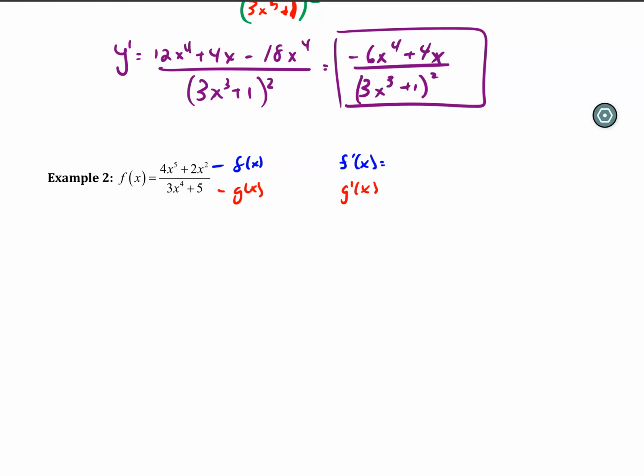So in the top here, using the power rule, I'm going to have 20x to the fourth plus 4x. And for the bottom, this derivative is going to be 12x to the fourth plus 0.